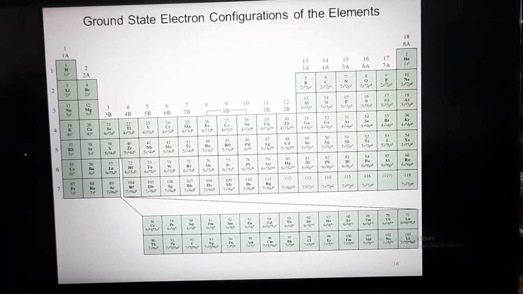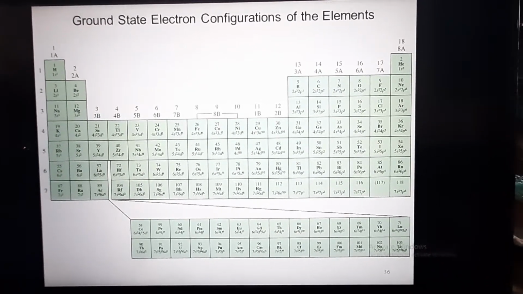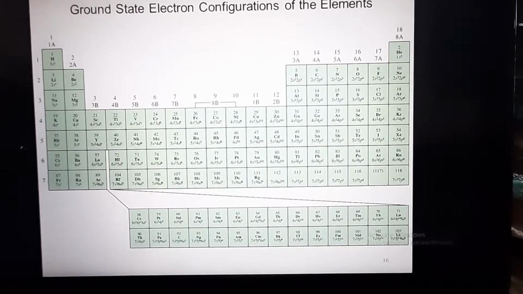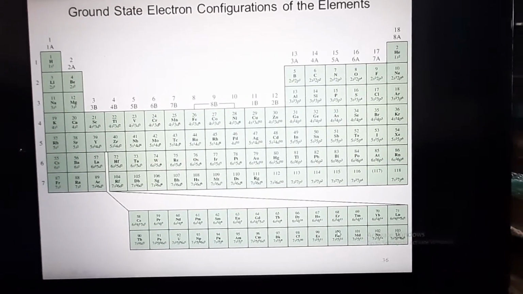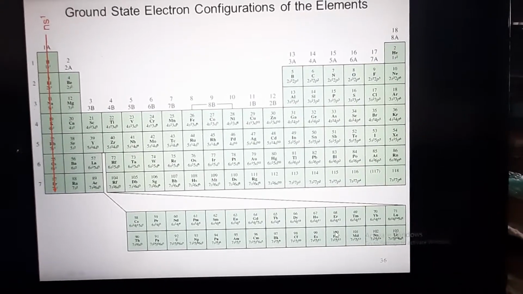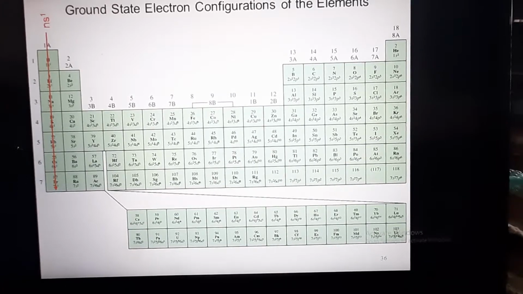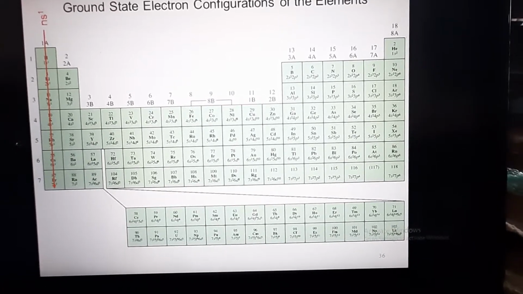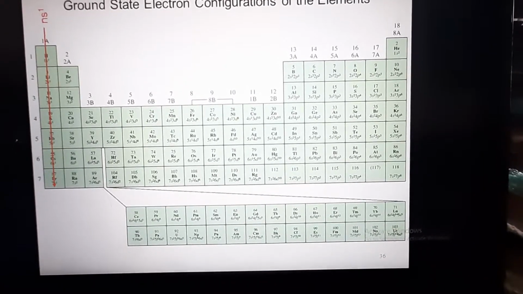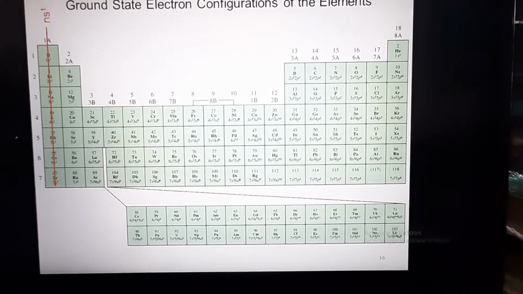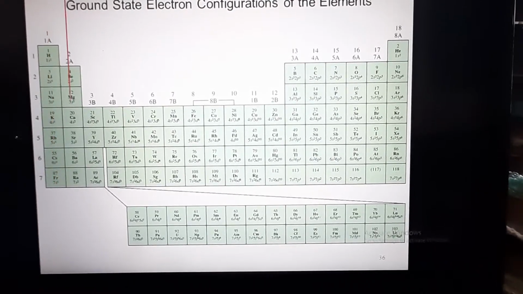I know this is difficult to see on your slides and on the presentation, but from last unit we know that all of the first column have an s1 in their valence shell, whether it's 1s1, 2s1, 3s1, whatever. They all end with an s1 because they have very similar electron configurations in their valence shell.